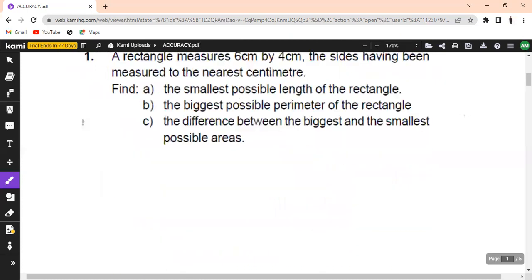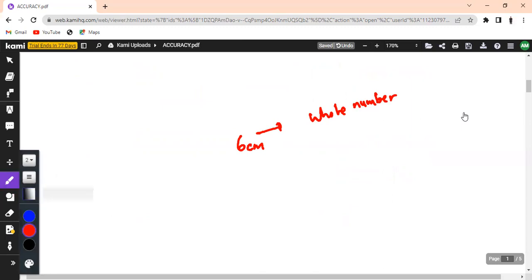Let's take an example of 6 centimeters, which is being rounded off to the nearest whole number. It means this is not the answer that we have got. There were values which were there.